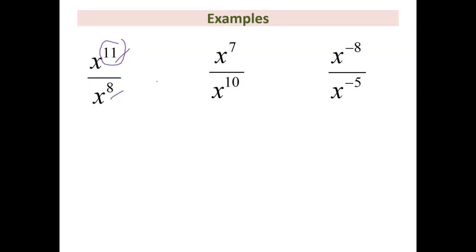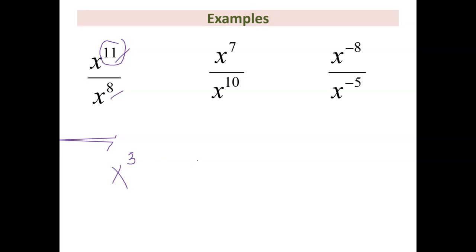In this case, the 11 is higher than 8, and 11 is in the numerator. So I'm going to keep my x in the numerator, and I will subtract 11 minus 8, which will give me 3. And that's it. That's the quotient rule.